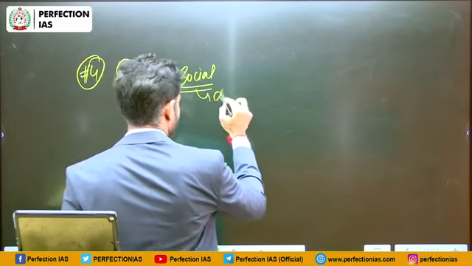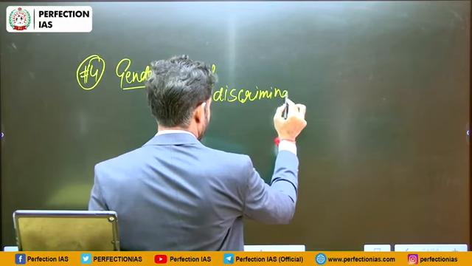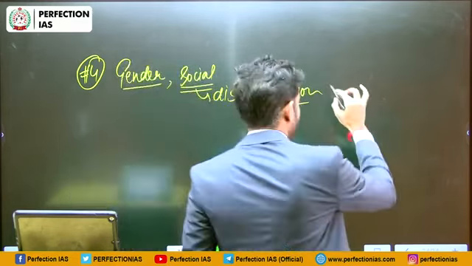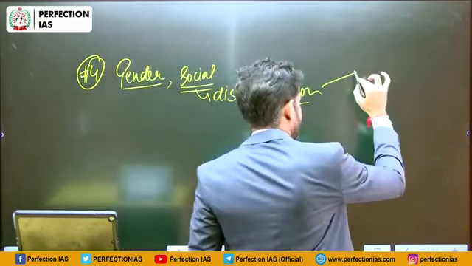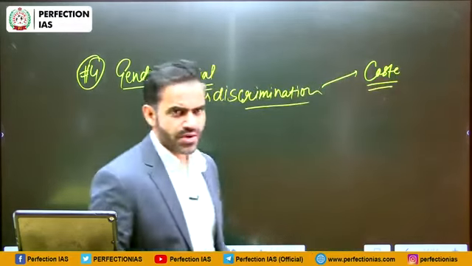Social discrimination. For example, the level of poverty vary from caste to caste. So caste-based discrimination. How caste-based discrimination leads to poverty?